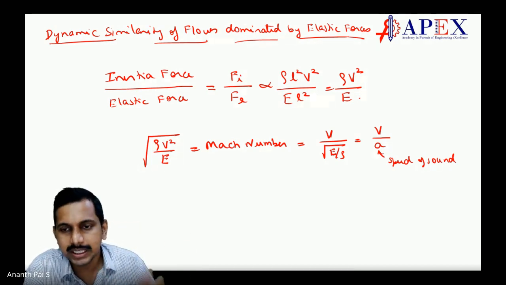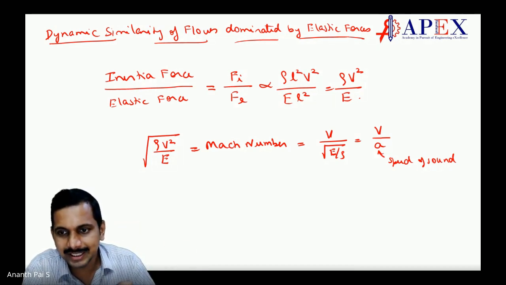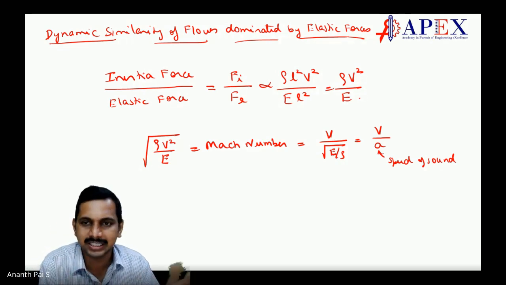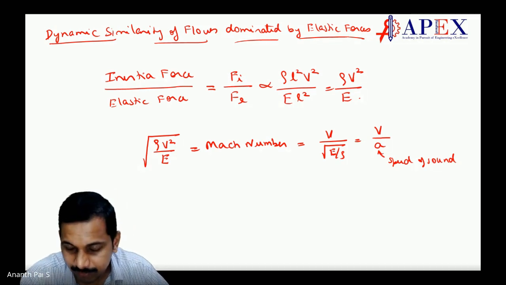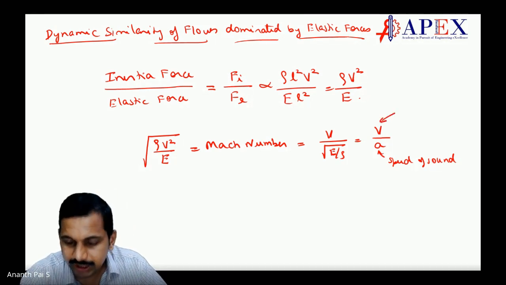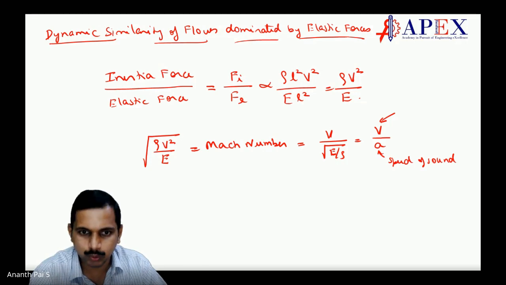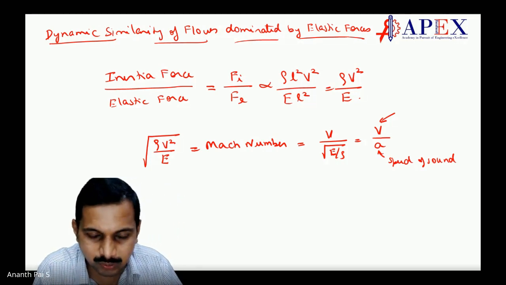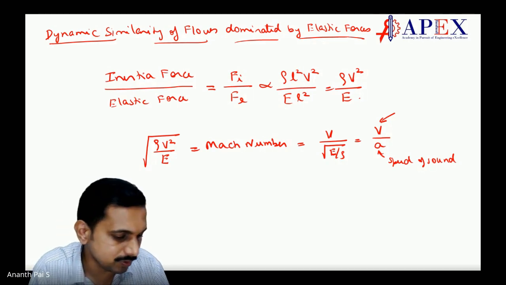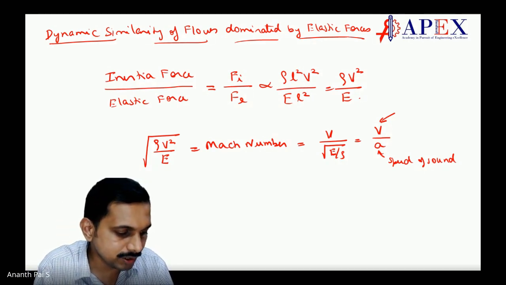Sound is a type of elastic force. Because of elasticity, those pressure differences are coming. So it is velocity divided by the speed of sound. So sound is a type of elastic wave, you can see. Okay, so yeah, this is important.